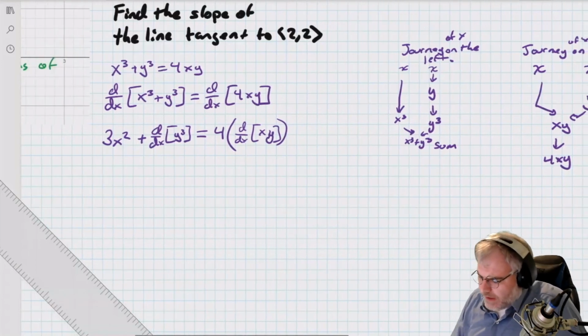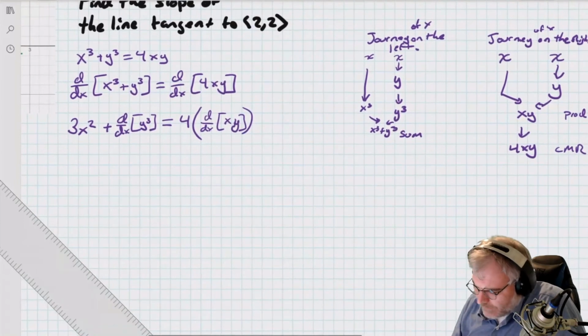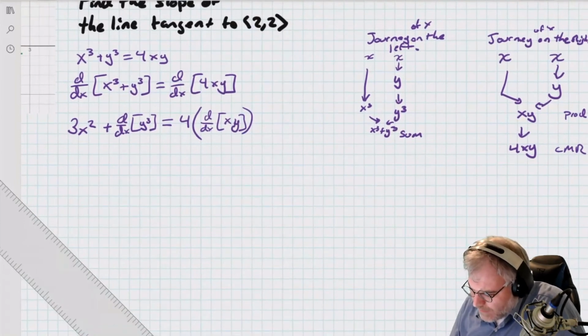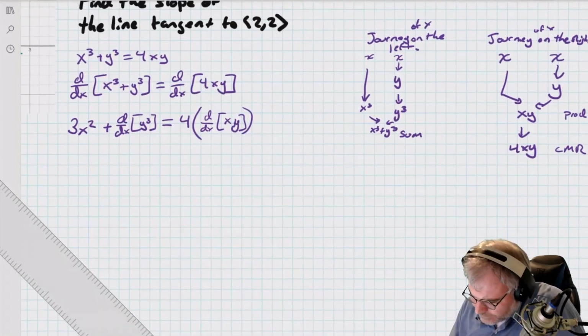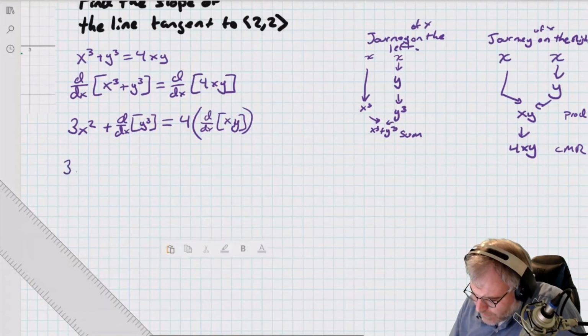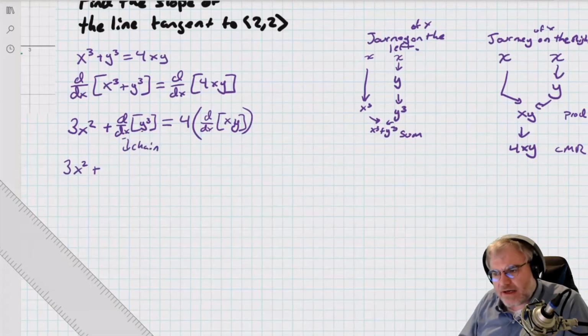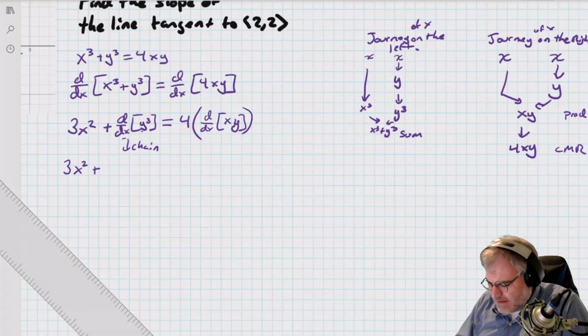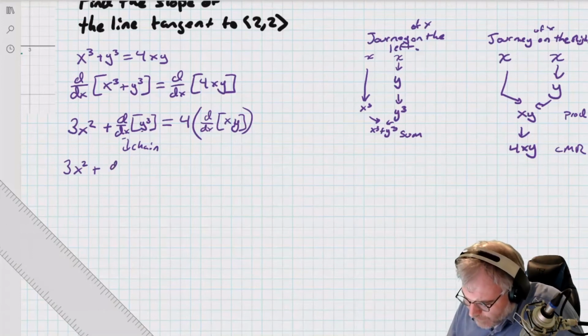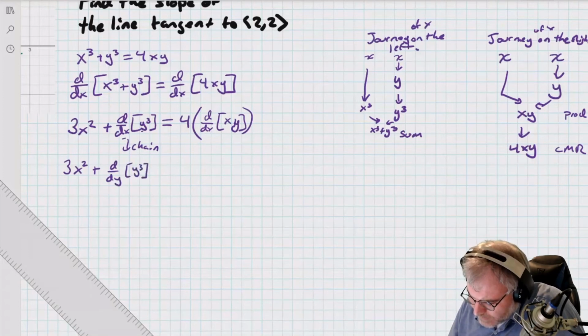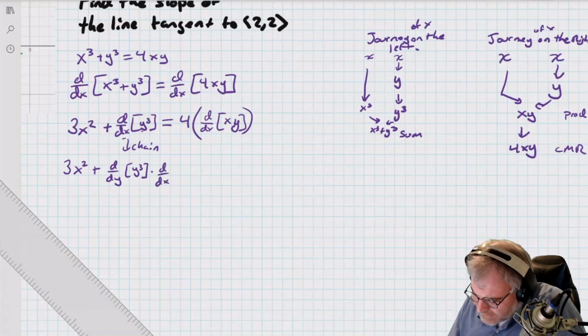So what I'm going to do here is I'm going to do the thing. So right now I've got 3x squared plus, now I'm going to use a chain. I have an x here and a y here, and I can't do anything about that. So I'm going to do d over dy of y cubed times d over dx of y.